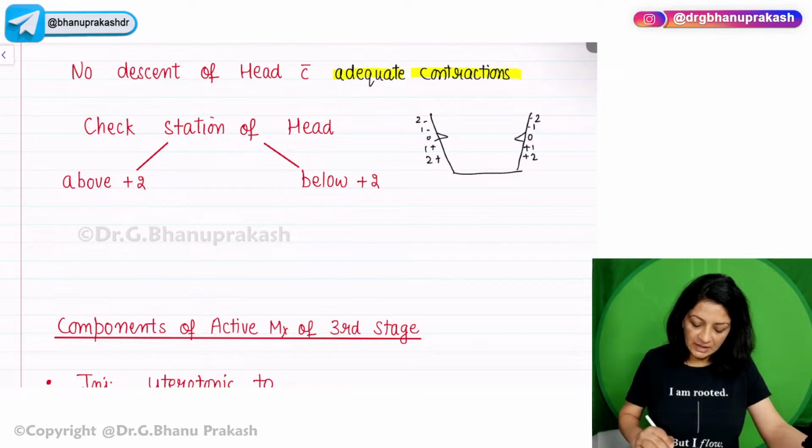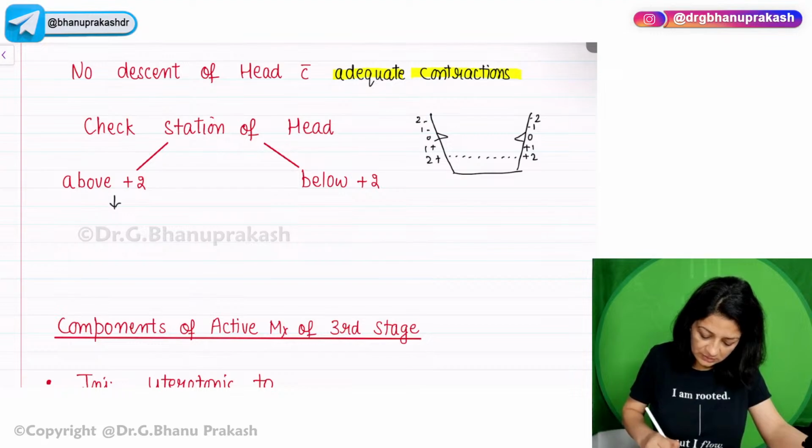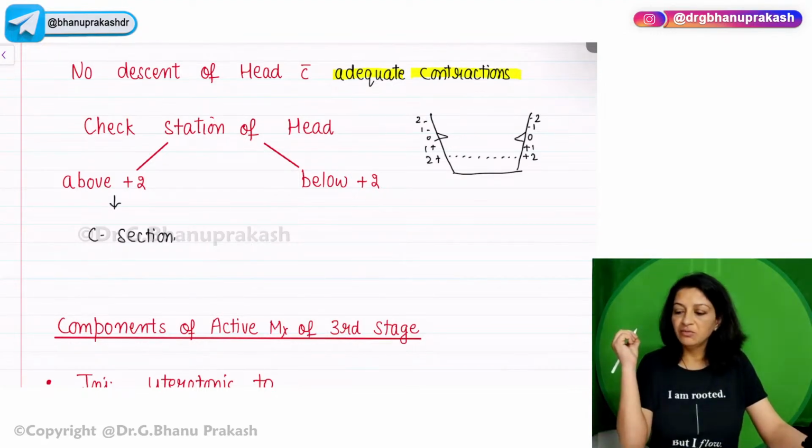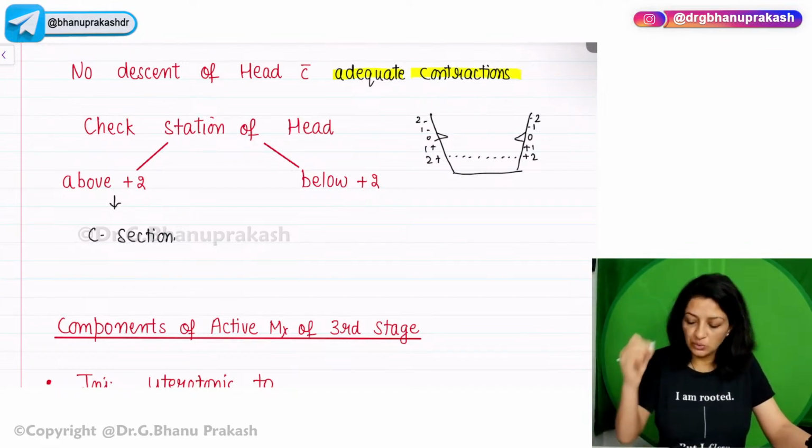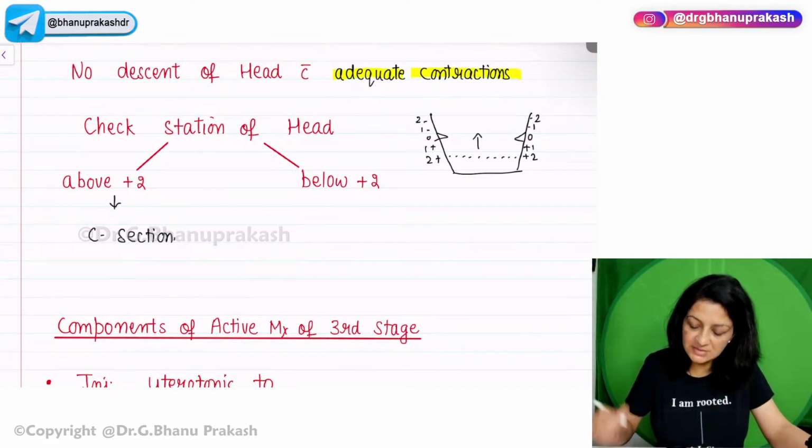Okay, in case it is above +2, then do cesarean section. यहाँ पे हम वेट एंड वॉच नहीं करेंगे. But below +2, अगर तो above है देन सिजेरियन सेक्शन.